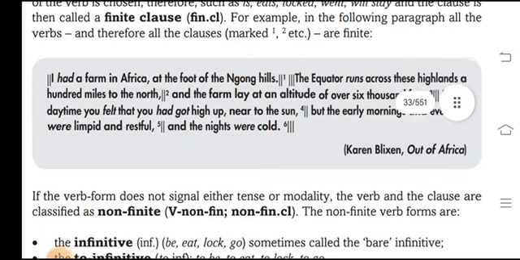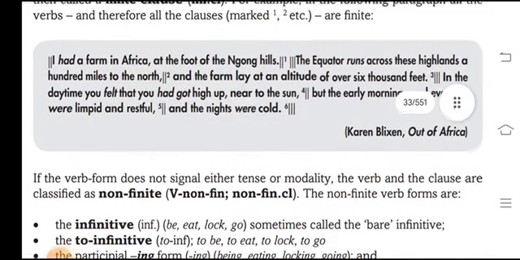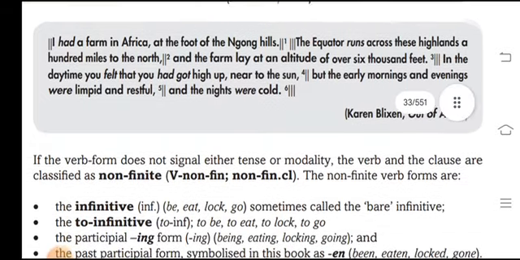For example, in the following paragraphs all the verbs and therefore all the clauses marked 1 and 2 etc. are finite.